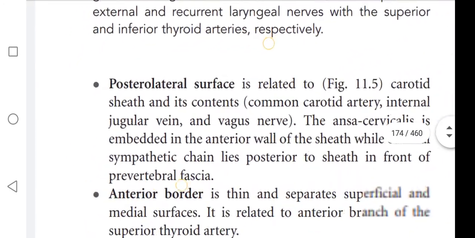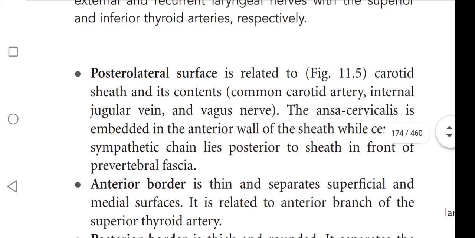Next, posterolateral surface is related to carotid sheath and its contents: common carotid artery, internal jugular vein, and vagus nerve. It is related to the carotid sheath, and the carotid sheath consists of artery, vein, nerve.